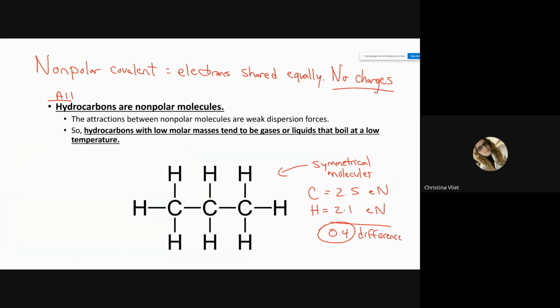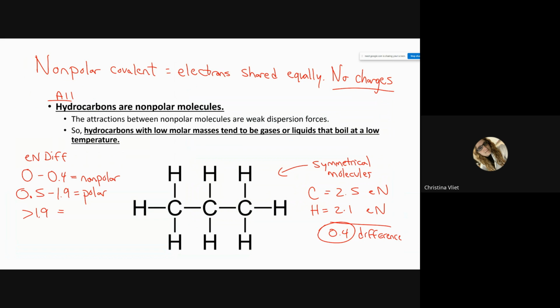This is like stuff from the past. 0 to 0.4 is non-polar. 0.5 to 1.9, polar. And above 1.9, do you remember what the last classification was? If it's superpolar, what do we call it?